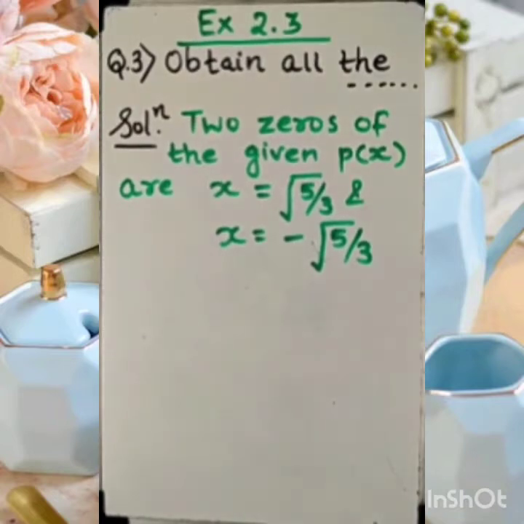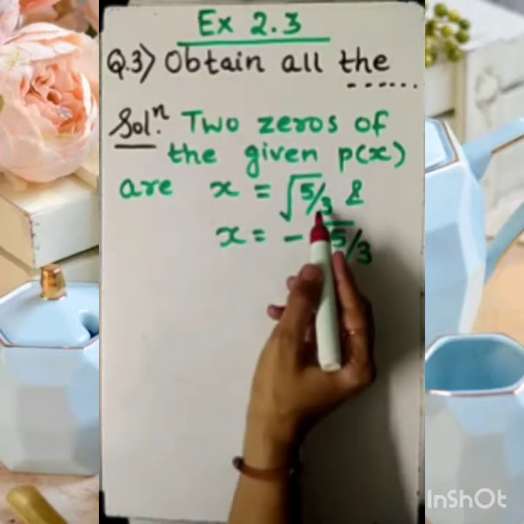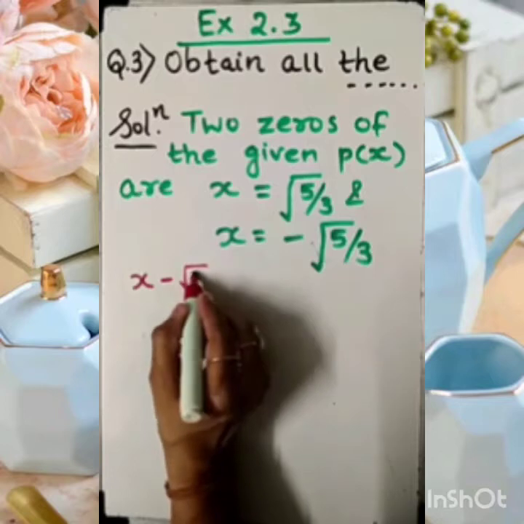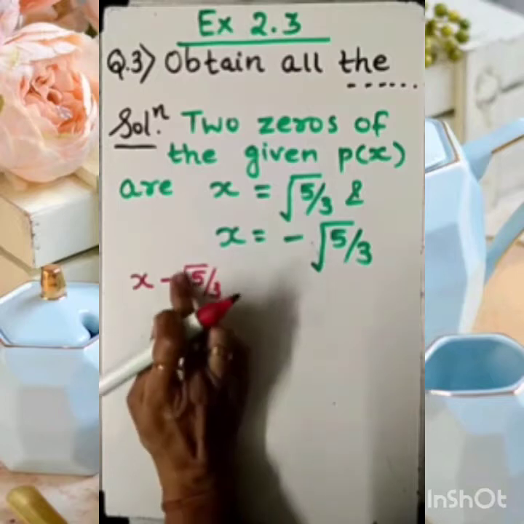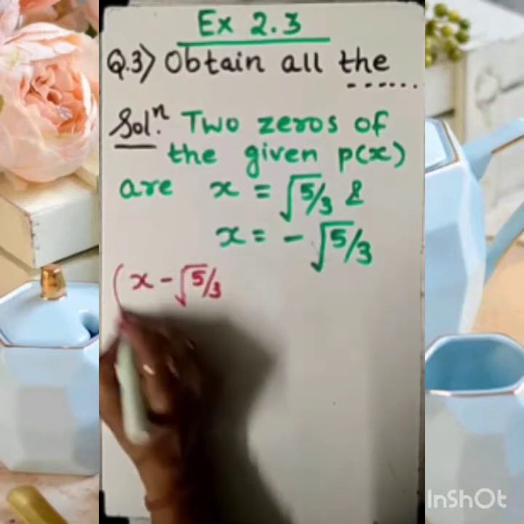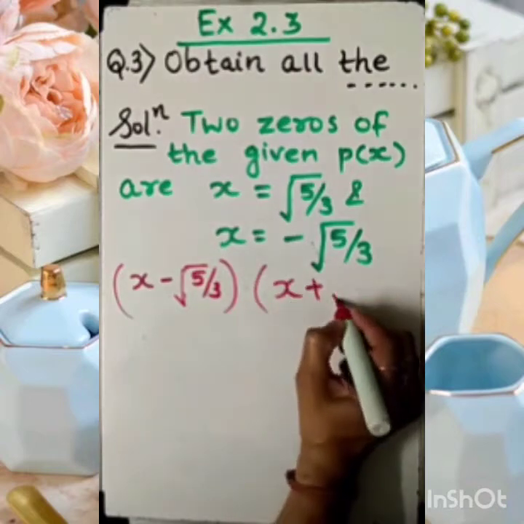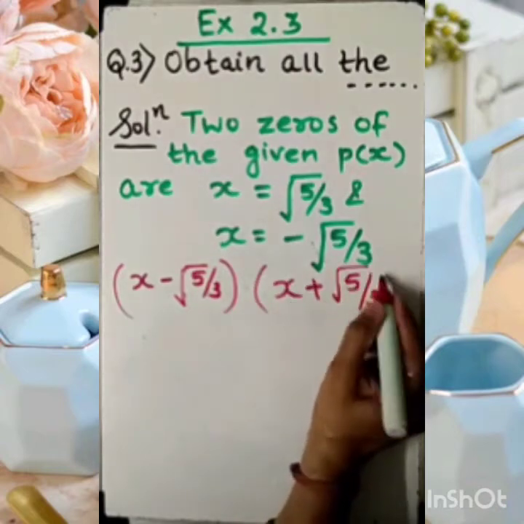So it means that x equal to root 5 by 3 indicates that x minus root 5 by 3 is one of the factors, and another factor will be x plus root 5 by 3.